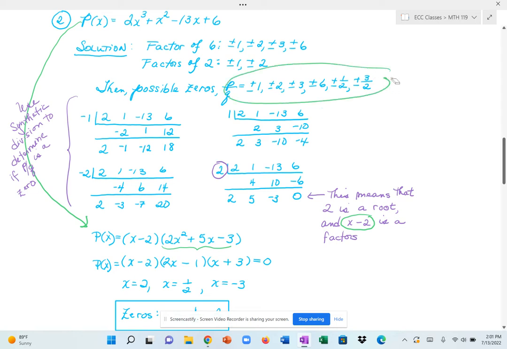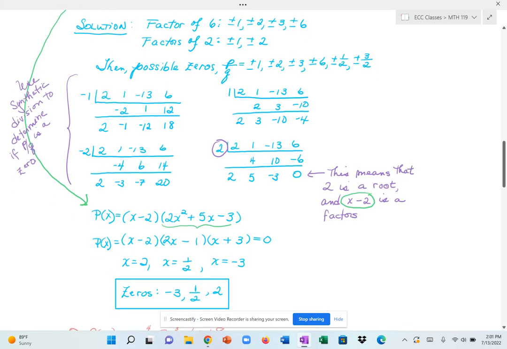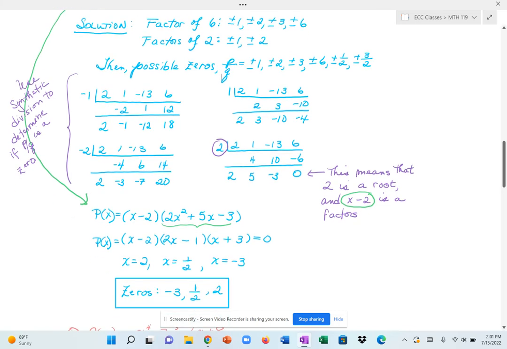So when I factor it, I get 2x minus 1 times x plus 3, which means that the three roots of this third degree polynomial are x equal to 2, x equal to a half, and x equal to -3. And now I have found the complete set of all of the roots of the polynomial.